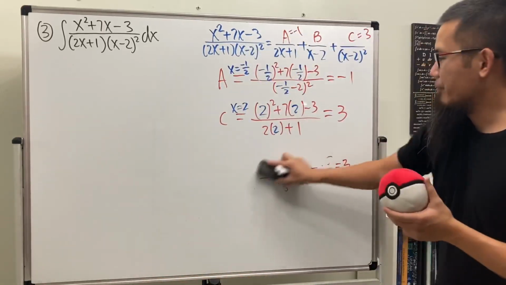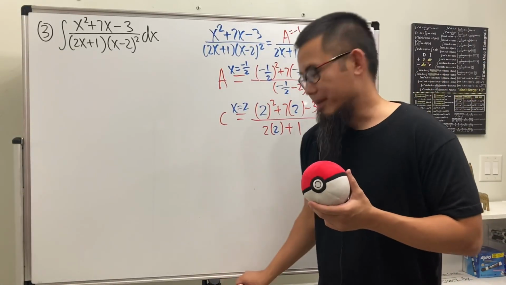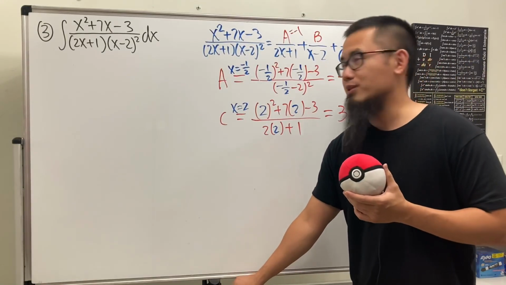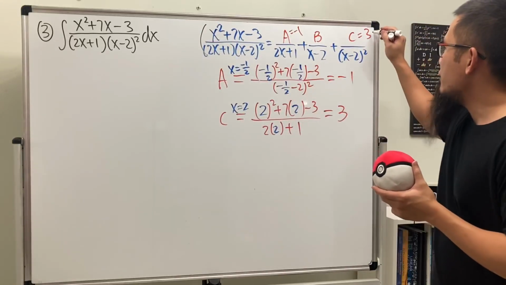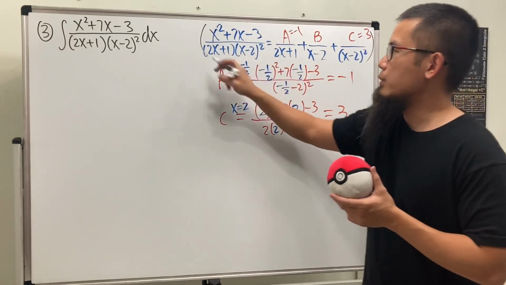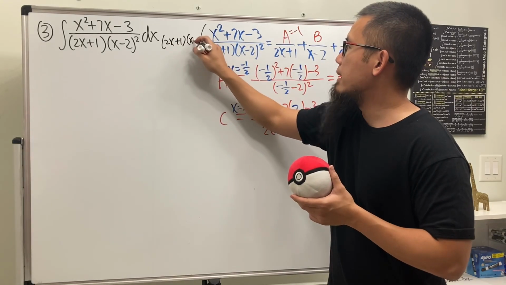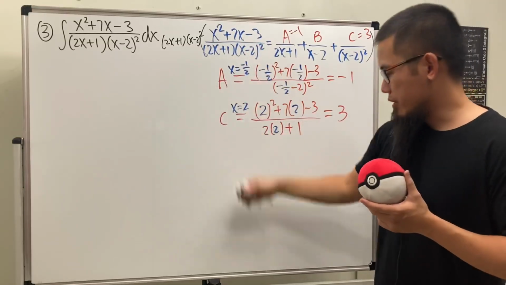All right, now for B, yeah, we just have to do it the good old-fashioned way. Again, it's just because I think it's more consistent, it's more clear for the students, for you guys. So yeah, let's multiply everybody by the common denominator, which is just that. So let me put down 2x plus 1, x minus 2 squared. This times that, we'll just have the top right here.